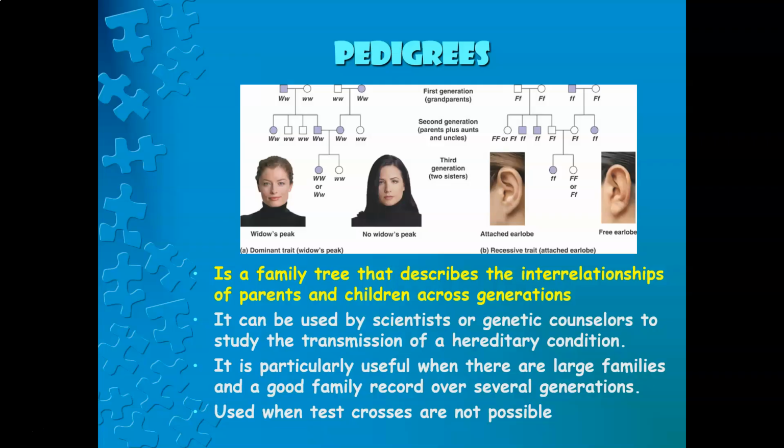They're incredibly useful when you're talking about having huge amounts of information. So, really big families, really good records. They do start to lose their value when you don't know much about your extended family, or you're in a situation where you were adopted and maybe don't know that family history at all.